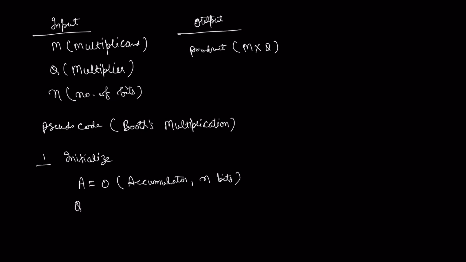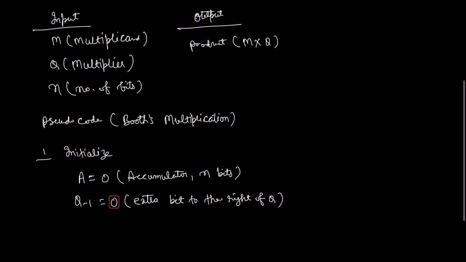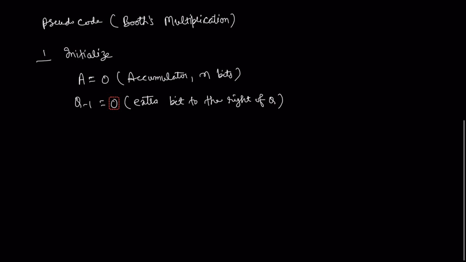Q minus 1 initially will also be 0. This is the extra bit to the right of Q. And one step counter, this will be initialized to 0.